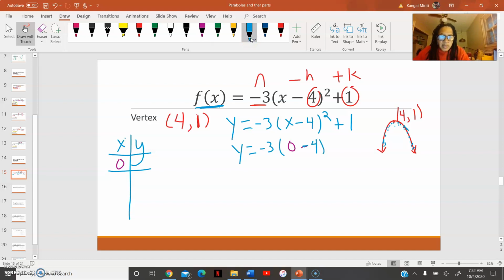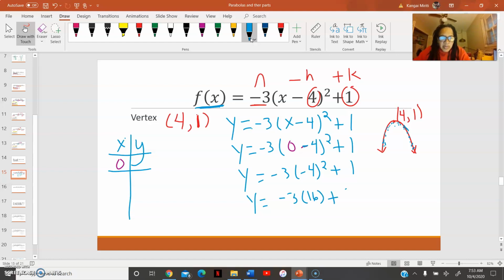Trying to keep my colors here. So we've just put 0 in, and then we do all of our calculating here. You could put all this in your calculator, or you can just do it by hand. 0 minus 4, let's see, that's negative 4 squared plus 1. Y equals negative 3 times negative 4 squared, which is 16.